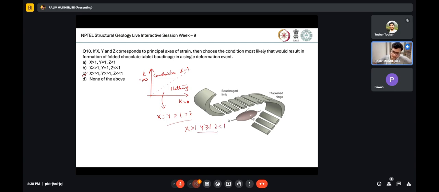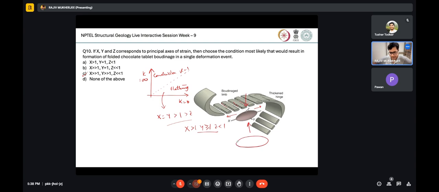So this is the situation where we have stretching along the x-axis much larger than the y-axis, and we are getting the segmented or boudinage structure. Now imagine you put so much stress along this direction that you flatten out the strain ellipse like this.